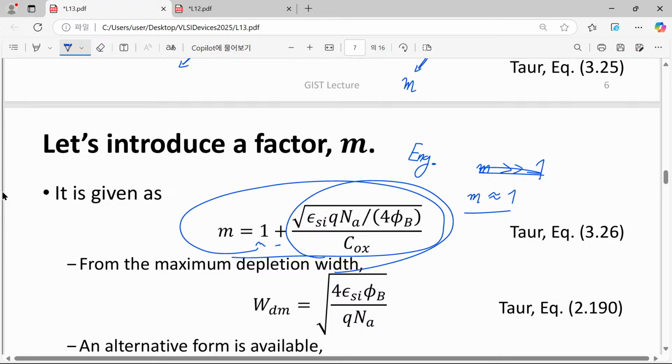So let me just emphasize the importance of m once again. m was really important when we are talking about planar MOSFET.